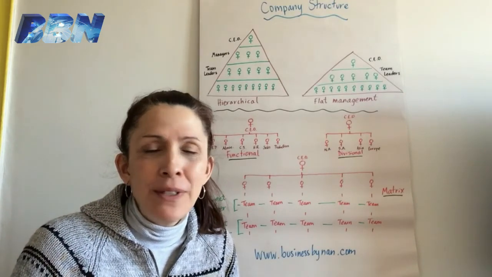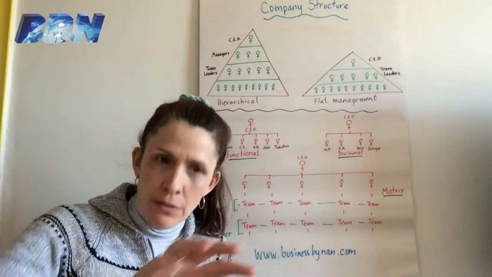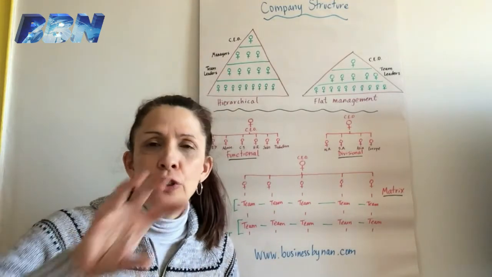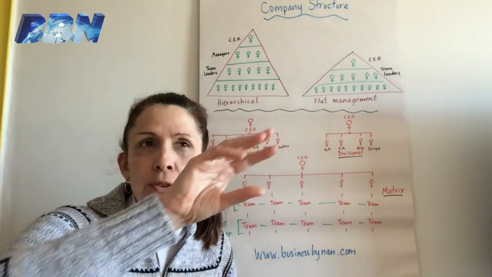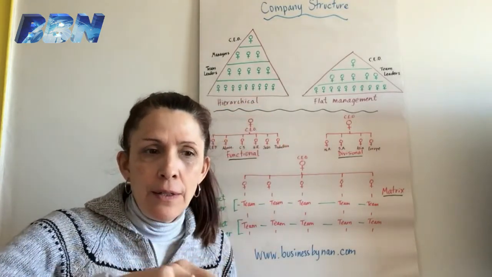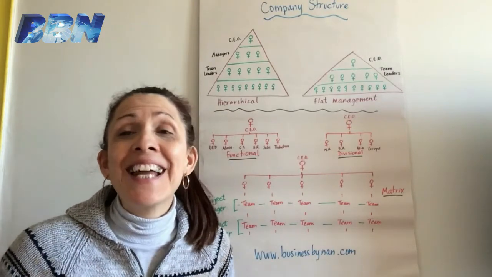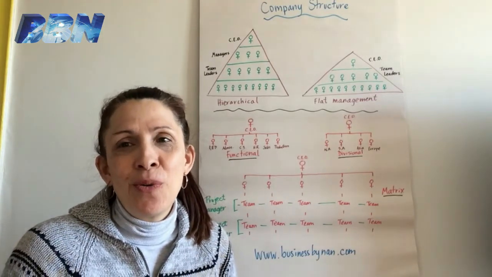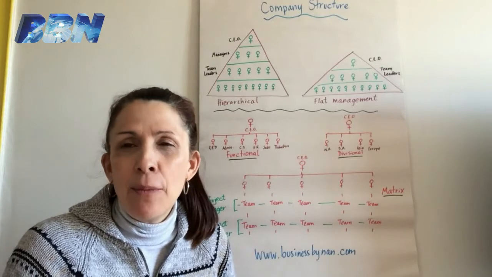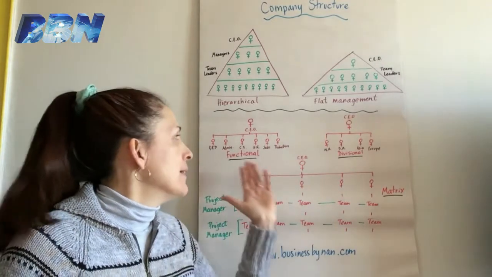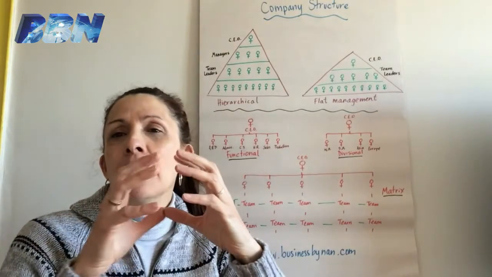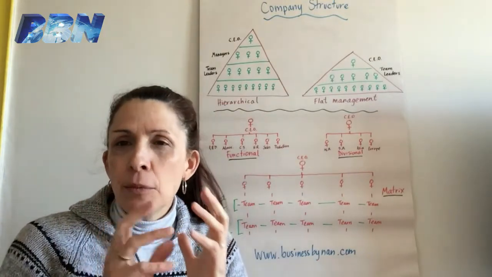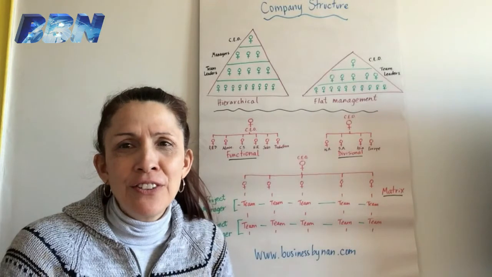We have another one that's more team working, and once again it's like the circle, and you have somebody in the middle, and then you can reach out to these different teams, but everybody's working together. So these are probably the biggest ones that we have: the functional, divisional, the matrix, the networking one, and then the team working one, which look kind of similar, but just have a couple more branches.